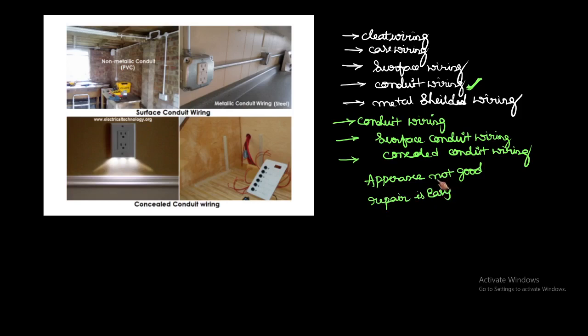So the only disadvantage is that appearance is not good. The advantage is that it is cheaper. Next, repairs you can do very easily. Next, more labor is not required in the case of surface conduit wiring.